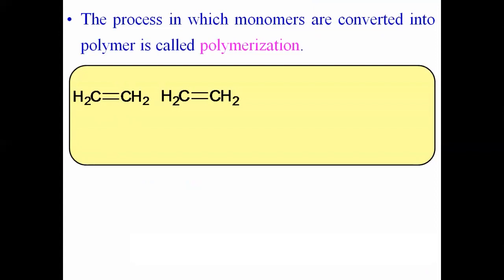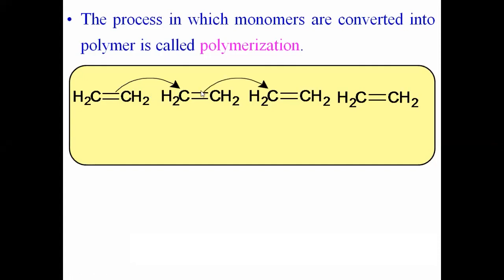Suppose a number of ethene molecules come in contact. For convenience, I have taken 4 molecules, but there are so many molecules of ethylene. Suppose the molecules undergo addition. Addition means one of the pi bonds breaks and a new bond forms between 2 carbon atoms.